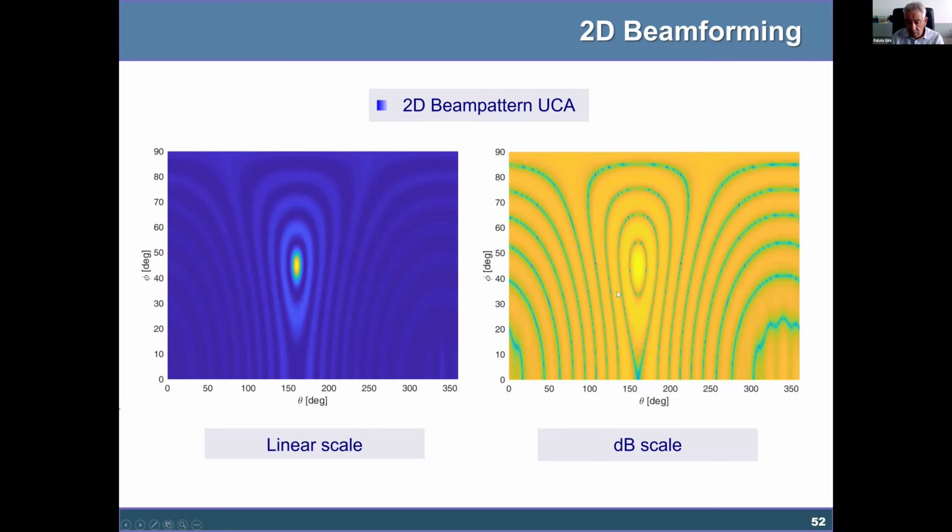So from this picture, you can see the size of the main lobe in azimuth and elevation, and the resolution. Now, apparently it seems that the beam width is different in azimuth and in elevation, but this is due to the fact that the scale is different.